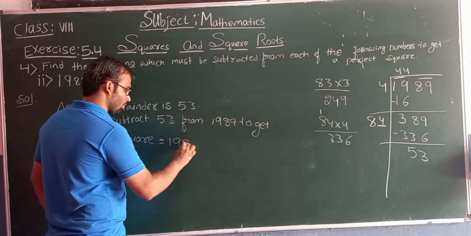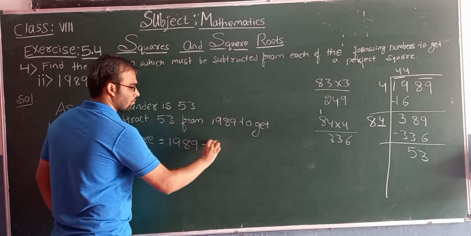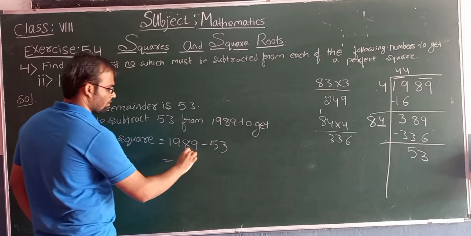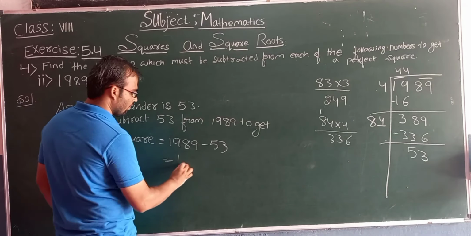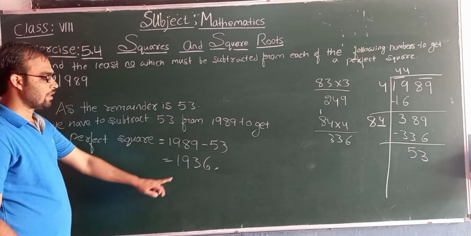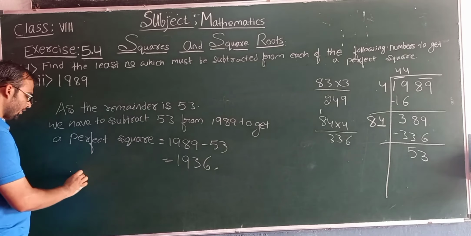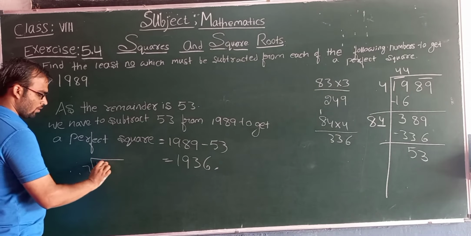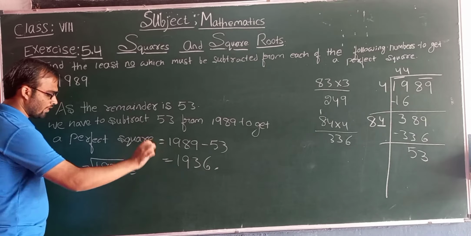Okay, so when we subtract this, what are we getting? 1936. Okay, so this is a perfect square, and therefore the square root of 1936.